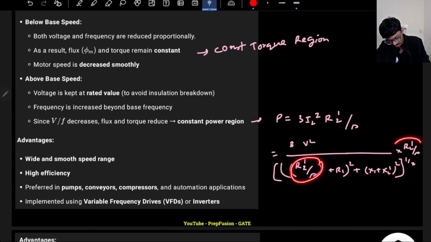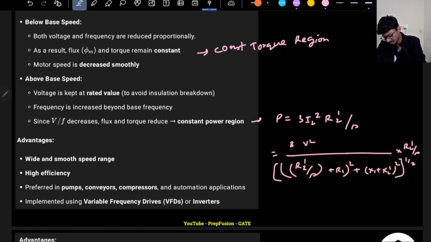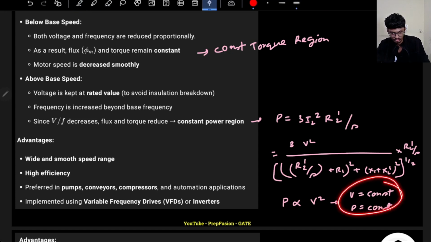R2 dash divided by S will be cancelled. So basically my power will be only proportional to voltage square, right? So as I'm not changing the voltage, voltage is constant, so power also will be constant. Voltage is constant, power is also constant.